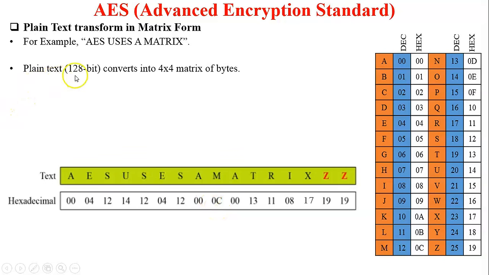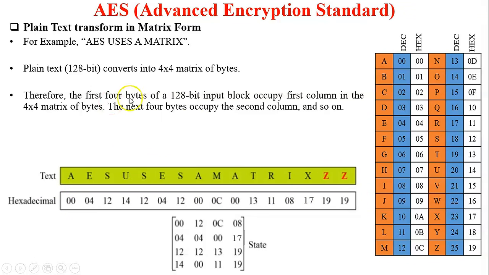Now the plain text size is 128 bits. Convert it into a 4x4 matrix of bytes. If I want to use a 4x4 matrix, I must have 16 characters, so I have 16 numbers. Therefore the first 4 bytes of the 128-bit input block occupy the first column in the 4x4 matrix of bytes.